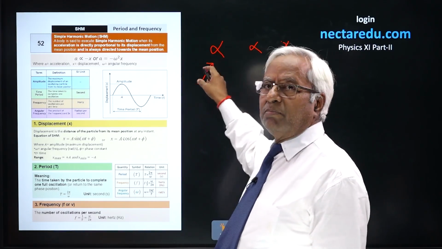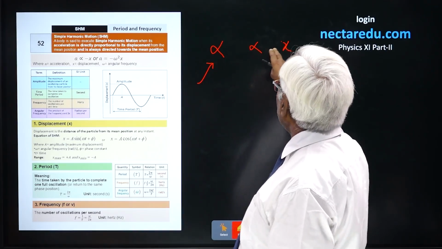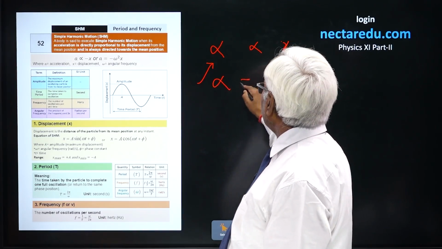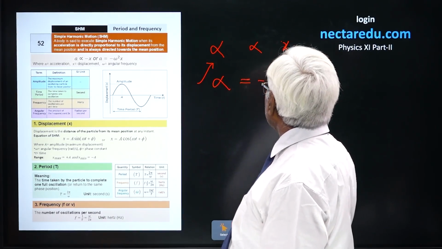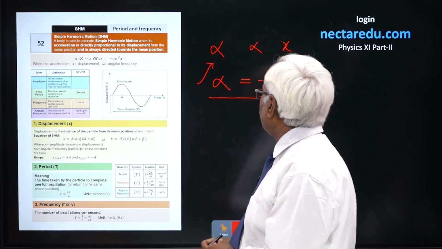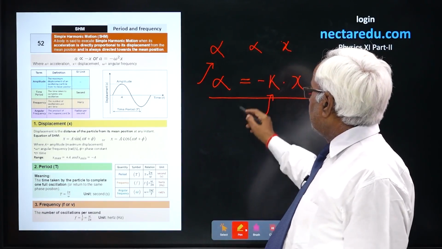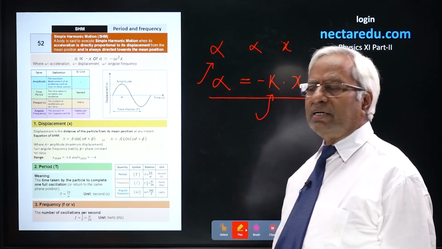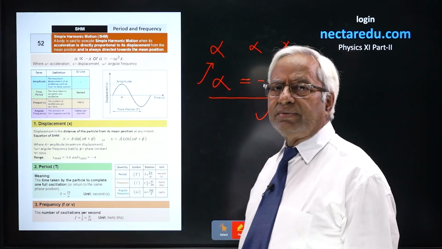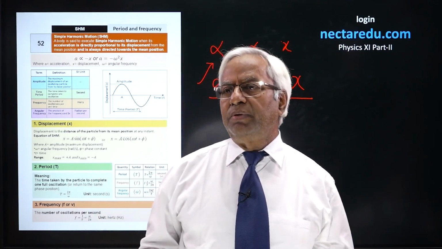In simple harmonic motion, alpha, that is acceleration, is proportional to the displacement. Now, if you use one proportionality constant, this would become alpha equals minus kx. K is the proportionality constant that we'll find equal to omega square. Why the minus sign? The minus sign indicates that the acceleration is opposite to the displacement.